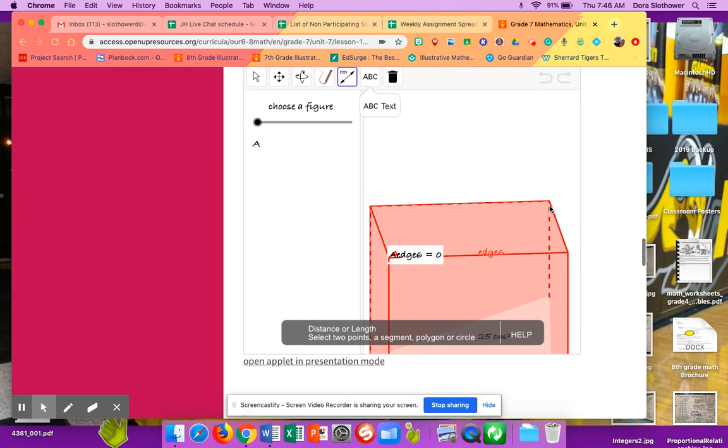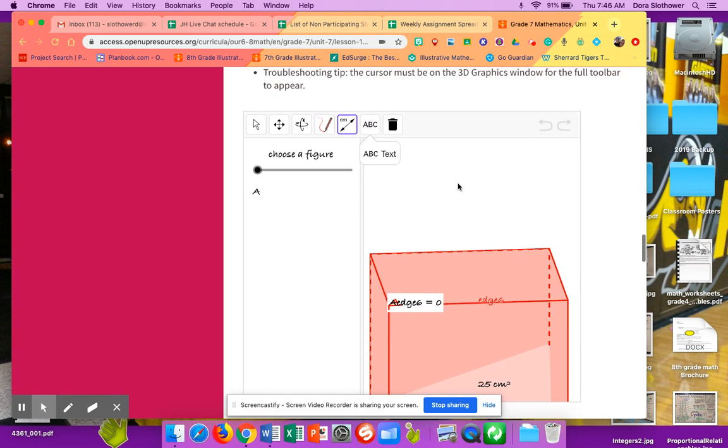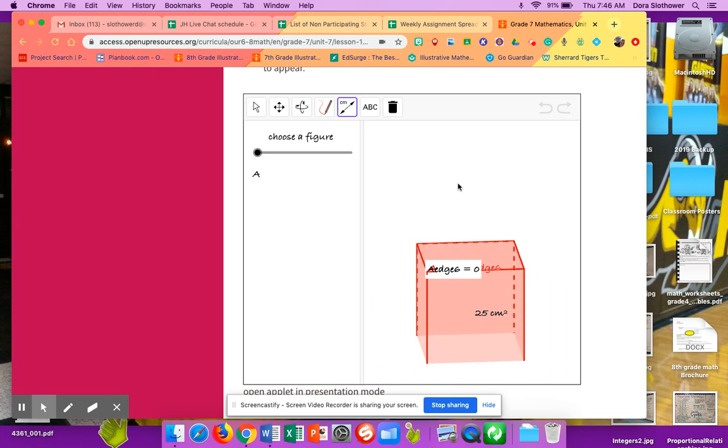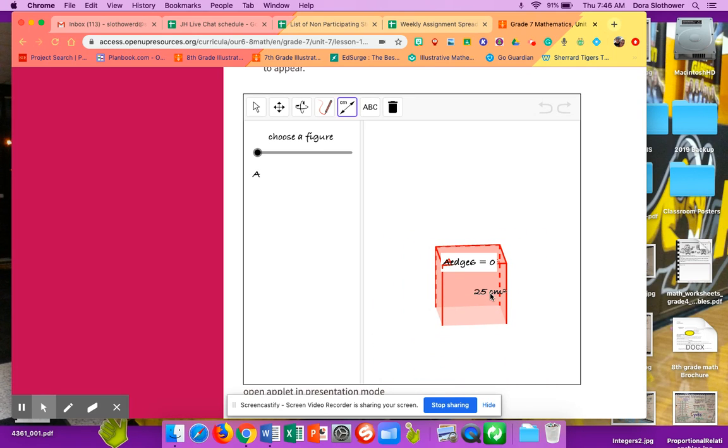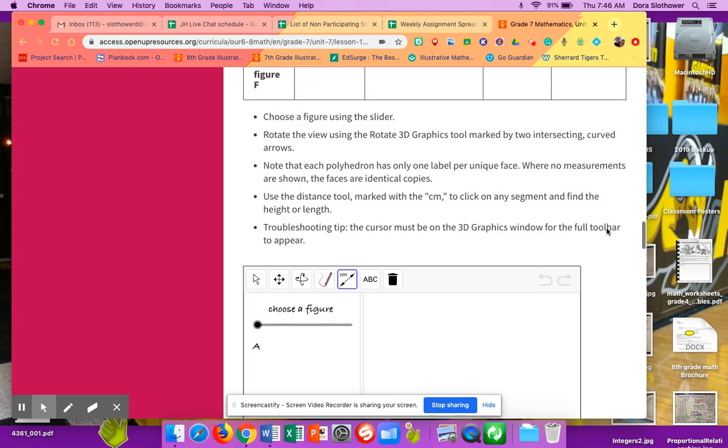All right. So the base area is 25 centimeters squared. That would mean each side is going to be 5. See how it says 5? You must click the centimeter thing first, then this. So each side is 5. So for the volume, let's go back up to our table.